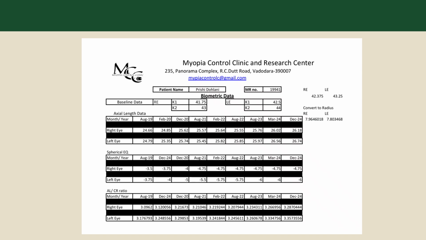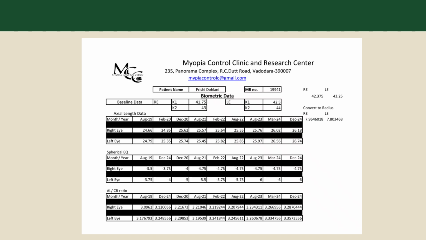This was something which we did a few years back, and this is one patient, Prishi. We have the data from August 2019. So this particular patient has come routinely from 2019. So imagine the importance of axial length.